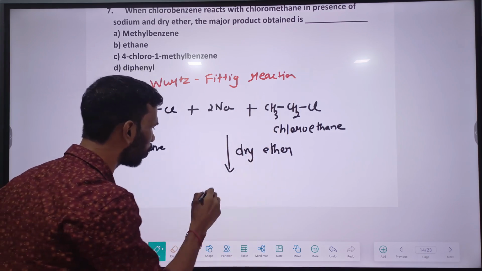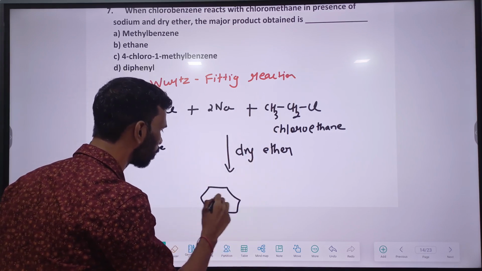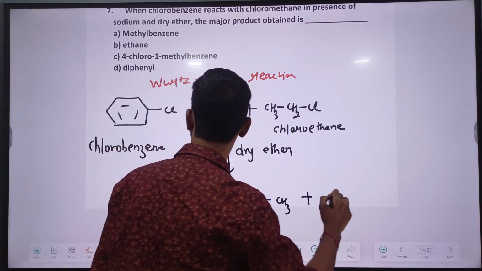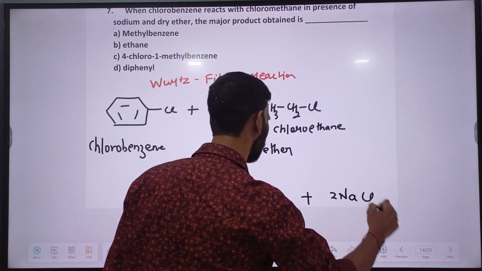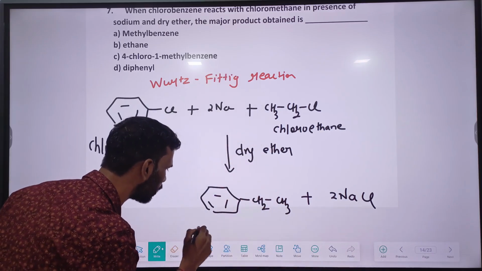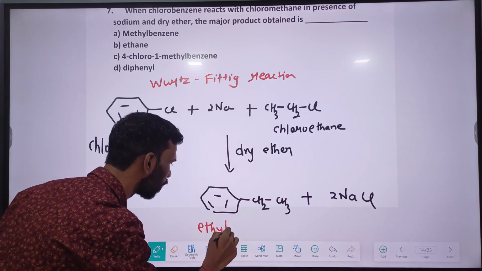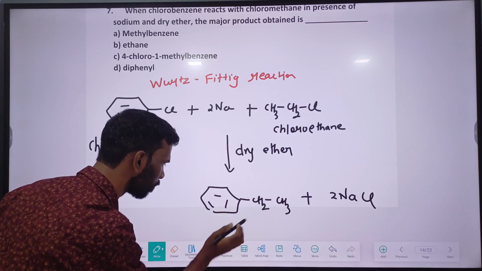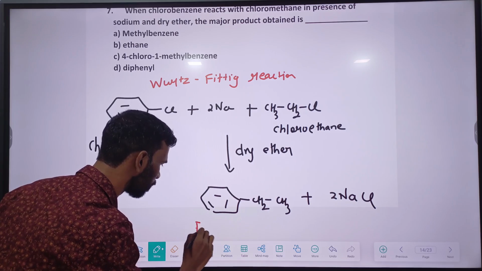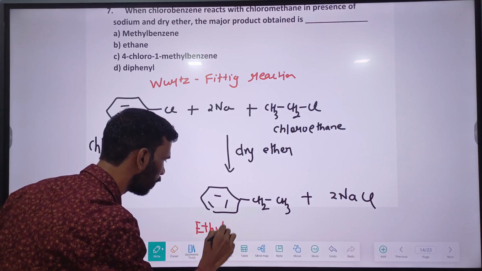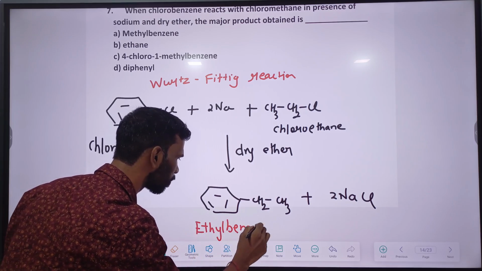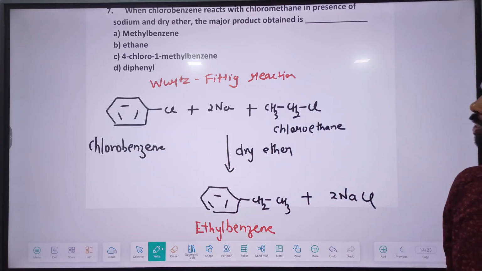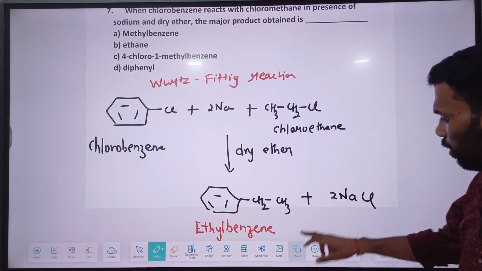So the compound you will be getting over here is this, CH2CH3, plus 2 moles of NaCl. So this is ethylbenzene. Right? This is the reaction.